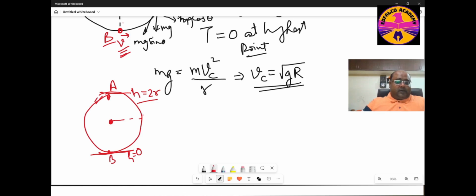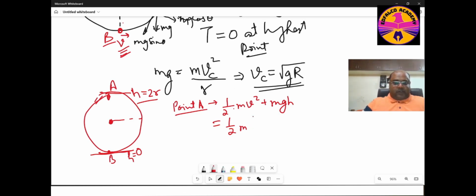Now I can apply the energy conservation. So at point A, I can write half mv square plus mgh. This will be nothing but half m, v is vc square, because this is the case where we are having vc velocity at A. What is the velocity at B is what we are trying to find out.